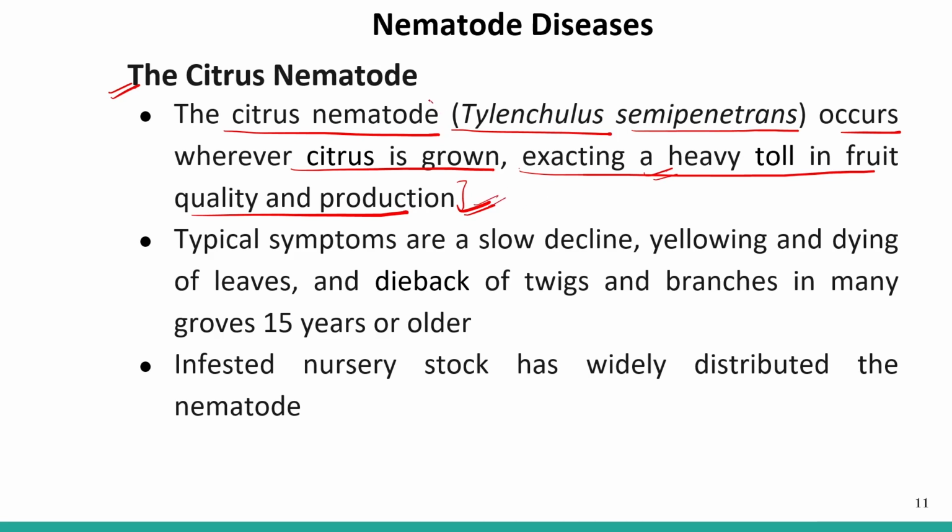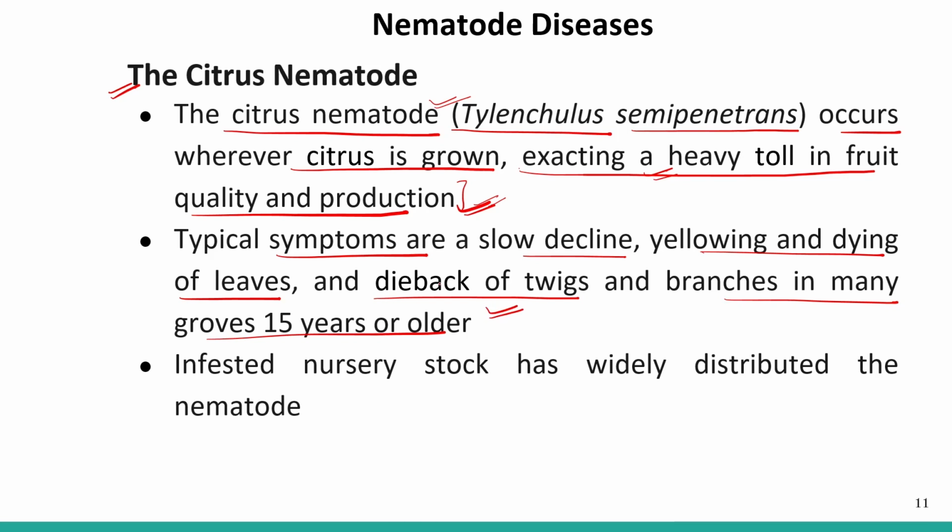So this citrus nematode causes damage to the citrus root. Typical symptoms are slow decline of the plant, yellowing and dying of the leaves, and dieback of the twigs and branches in many groves 15 years or older.